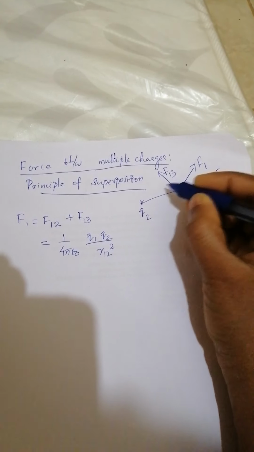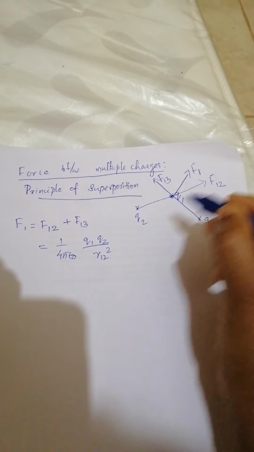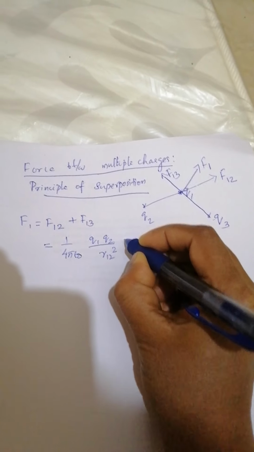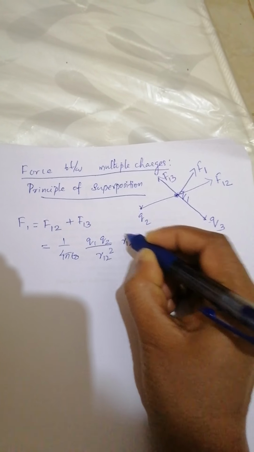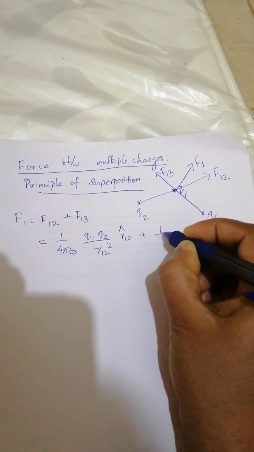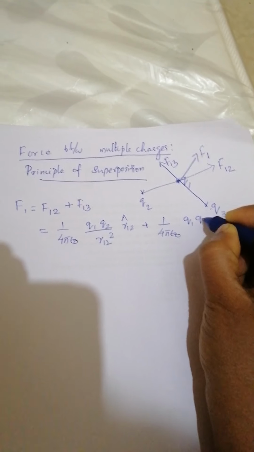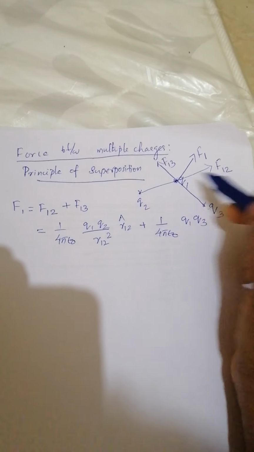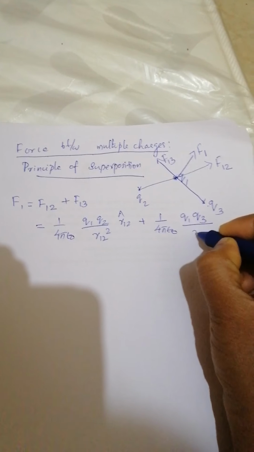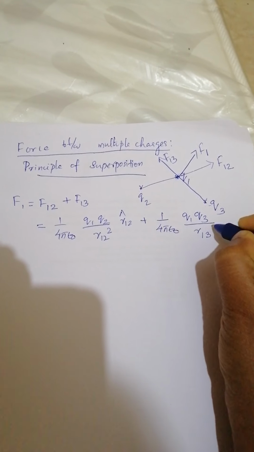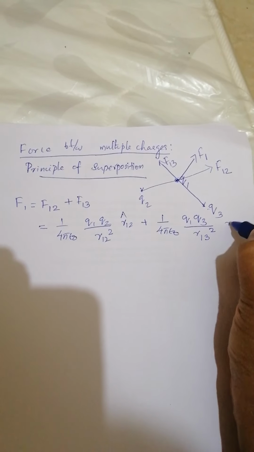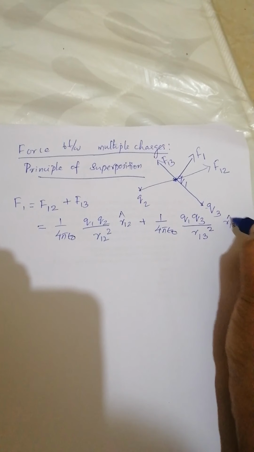So if we consider direction also, we include the unit vector R12, plus 1 by 4 pi epsilon 0 Q1 Q3, that is force on Q1 due to Q3, divided by R13 square, and unit vector R13.